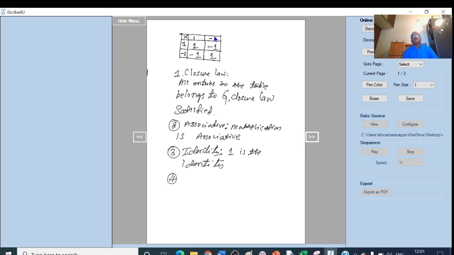Whatever the element is in the header row, this element is the inverse of it. So here we write the inverse axiom: minus 1 inverse is equal to minus 1 itself. Okay, so the inverse law is also satisfied.